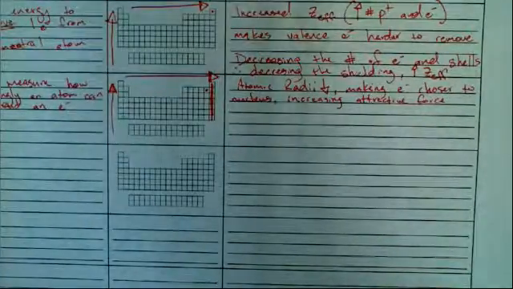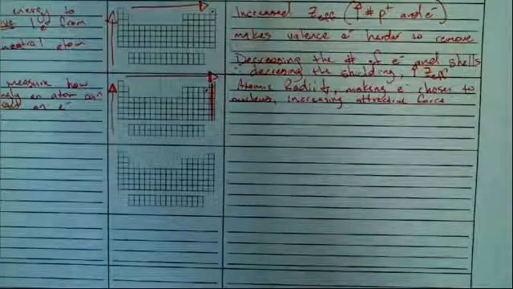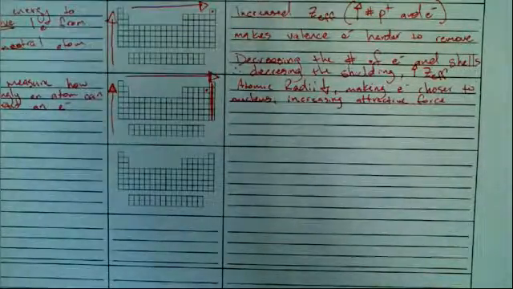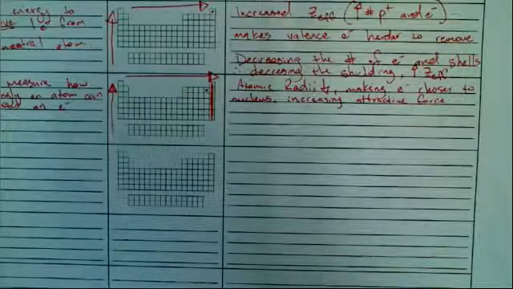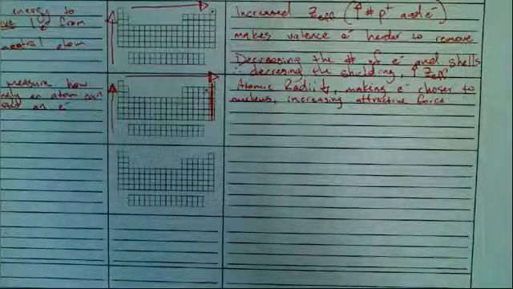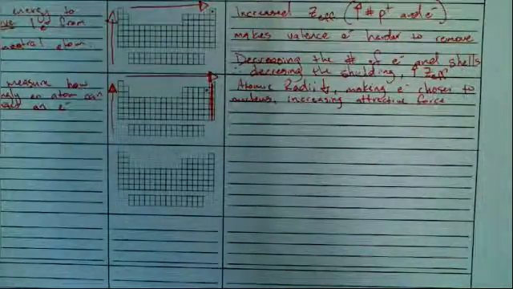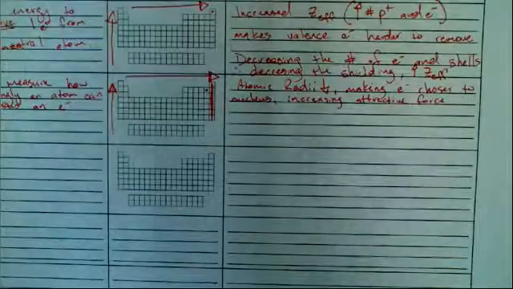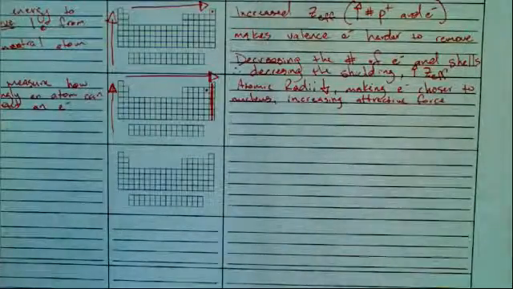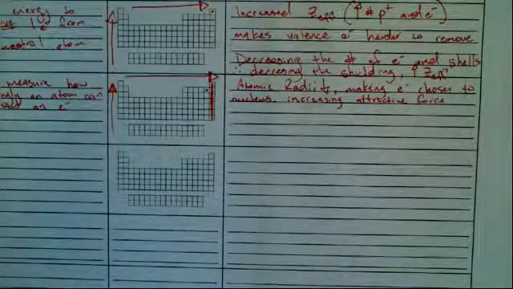Each time you lose an energy shell, your atom is smaller. So the distance between your nucleus and your valence electrons is smaller. So you have more of an opportunity to attract electrons from other atoms because they can get closer to your nucleus, because you're smaller. All right, electronegativity.